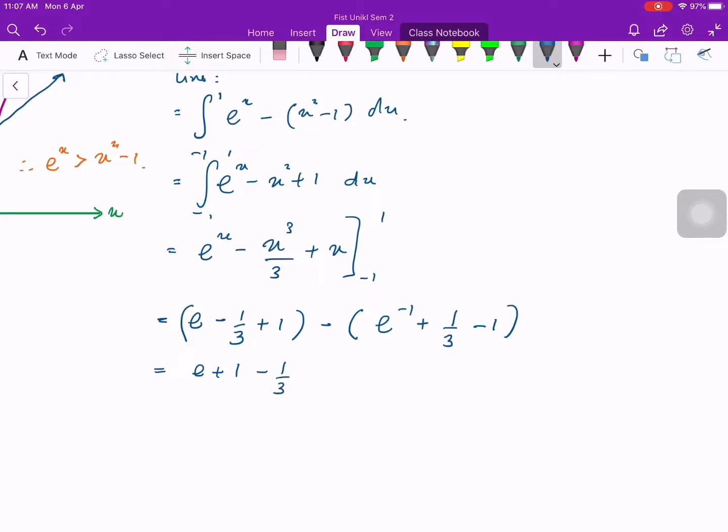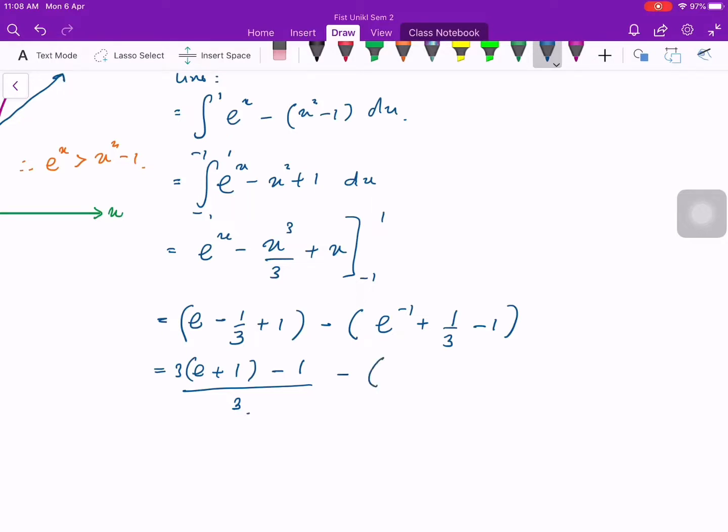So we want to equalize the denominators, which means we multiply by 3. Minus 1 over 3. Something like this, and then minus this other part.